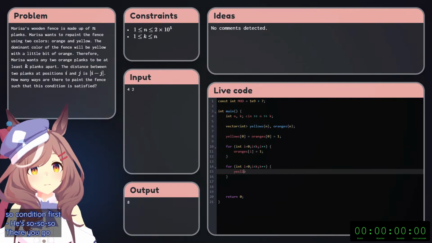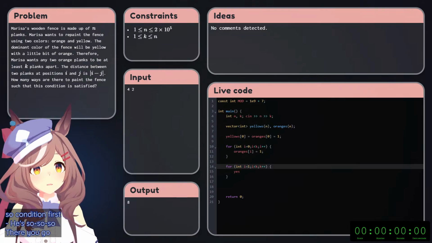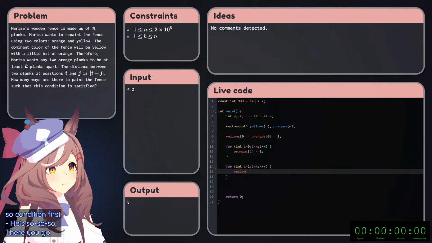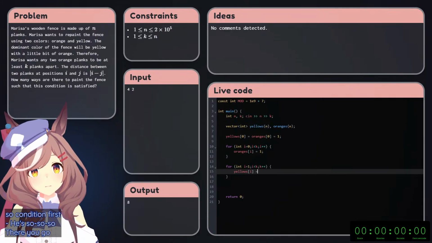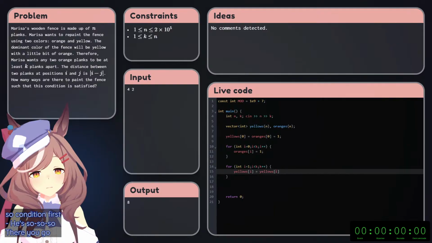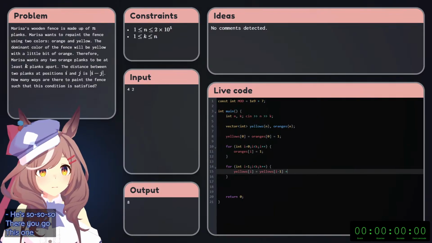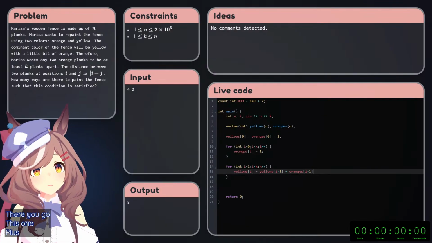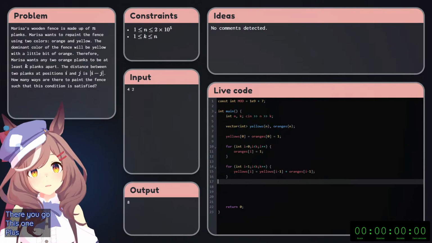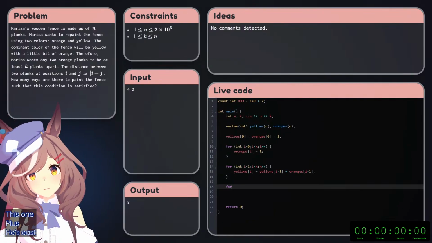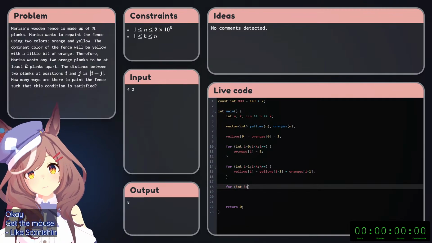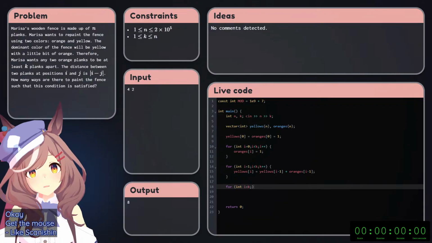Yellow i will equal yellows i minus 1 plus orange i minus 1, should be this. And okay, so next let's get to the more complex condition. i equal to k, k less than n.